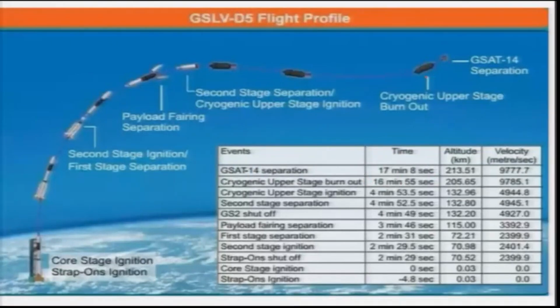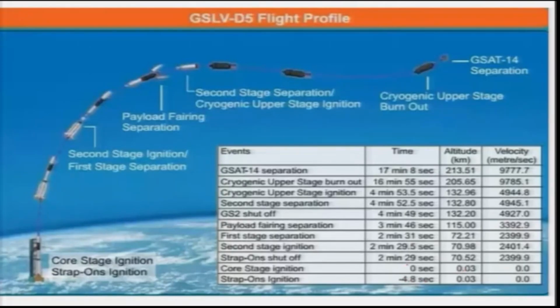And let us look at a GSLV flight profile, GSLV D5. If you look at it, it is having a vehicle here, and this is your core stage and strap-on ignition. Core stage ignition will start at around 0 seconds, and strap-on ignition will be before that, at minus 4.8 seconds.